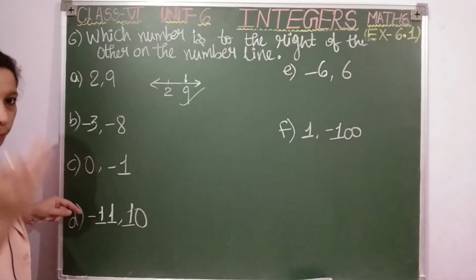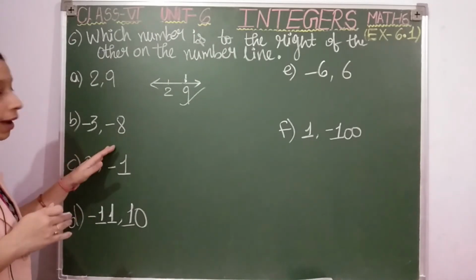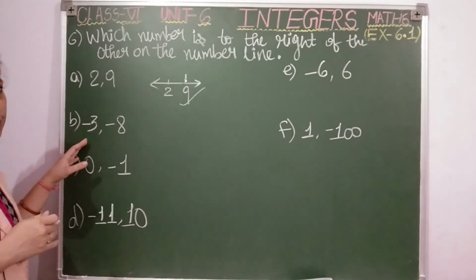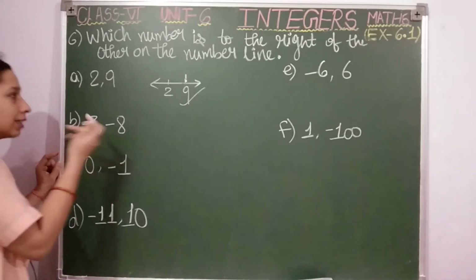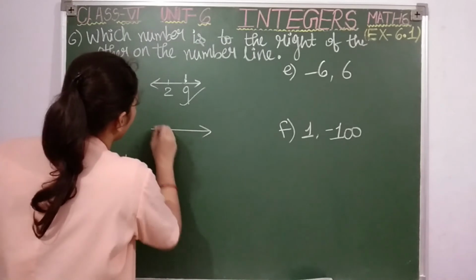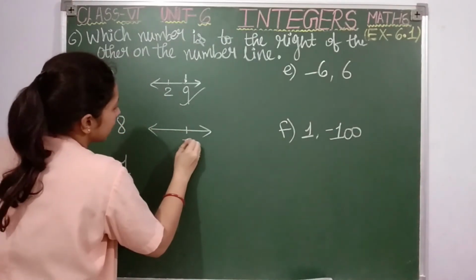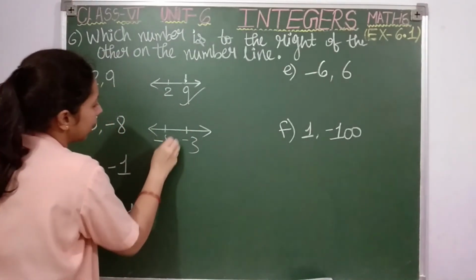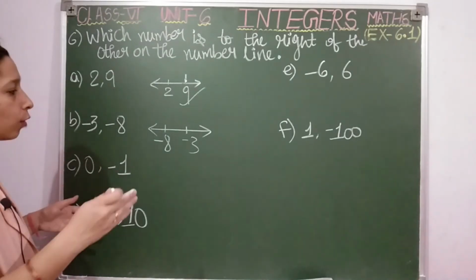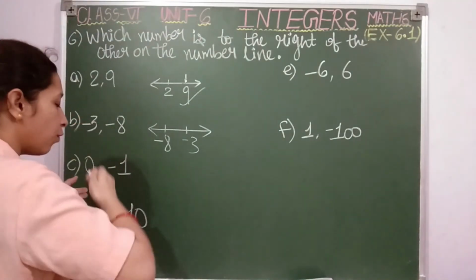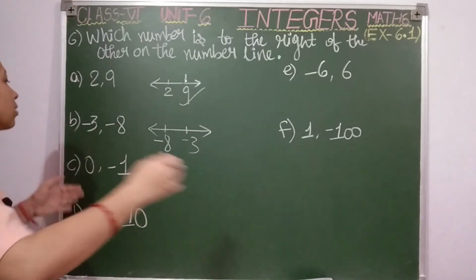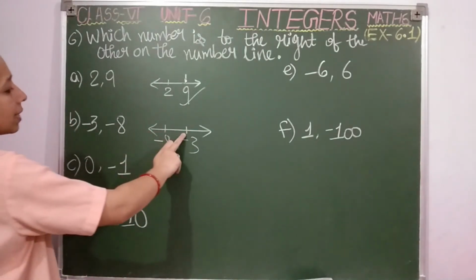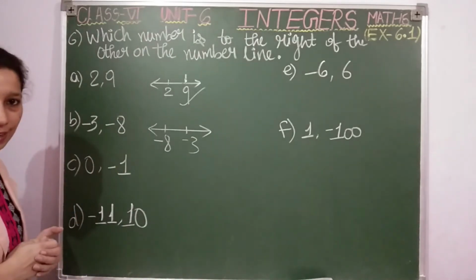Still, if you have any confusion, you can draw a small number line. Minus 3 and minus 8 will come this side. Now think which is coming to the right of the other. From minus 8, if you want to go to minus 3, you have to go to the right side. So that's why minus 3 is to the right of minus 8.